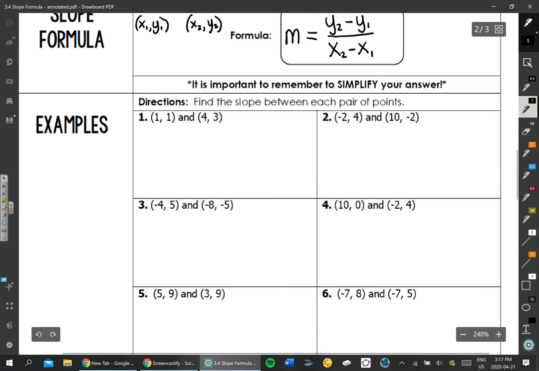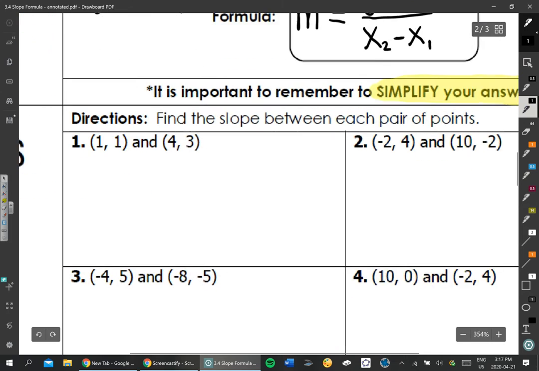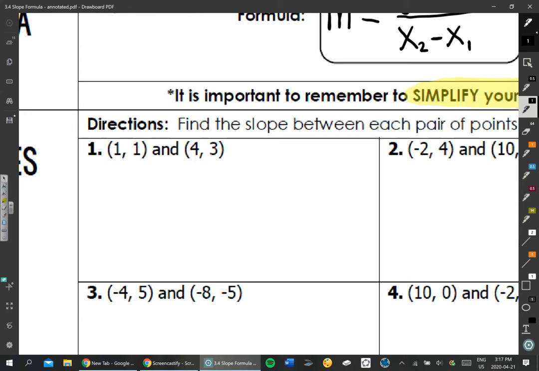All right, so, oh, and remember, it's always important to simplify your answer. So if you end up with a ratio and that ratio can be simplified, you better simplify it, okay? Alrighty, so let's try question 1 here. So we have 2 points, right?